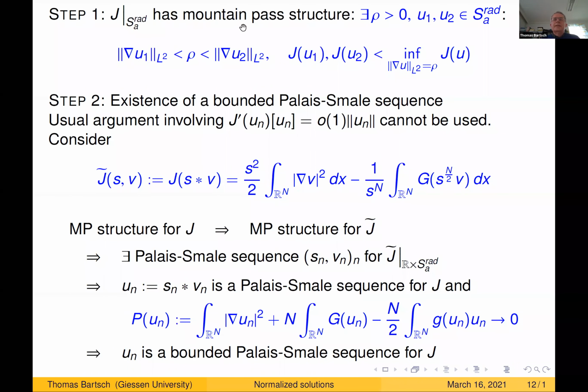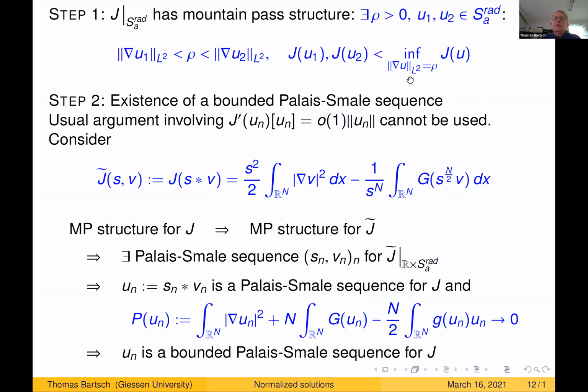To be more precise, the mountain path structure is as follows. There exists a positive number rho. And then you look at those u in the L2 sphere where the L2 norm of the gradient of u is equal to rho.